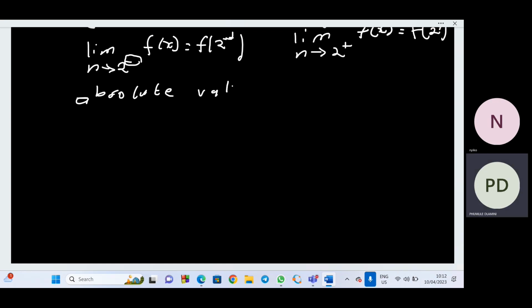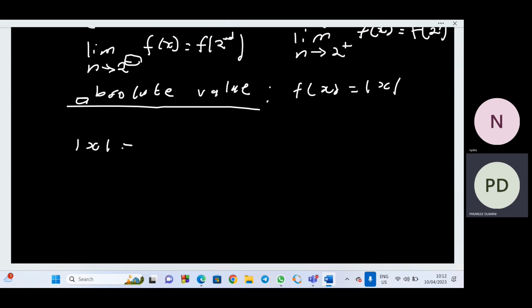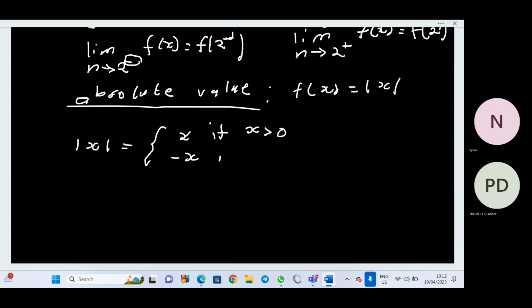When we talk about the absolute value, if we have a function f of x equal to the absolute value of x, it implies that it is x if x is greater than 0, and negative x if x is less than 0.